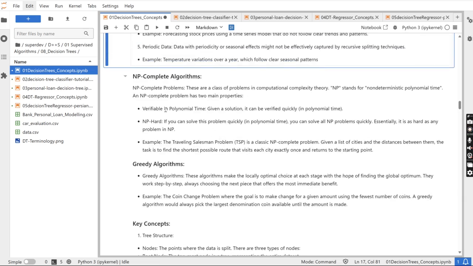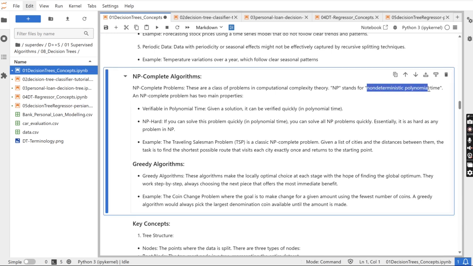Next is the NP problem. This NP problem that we discussed, NP stands for non-deterministic polynomial time, and NP complete problems have 2 properties.